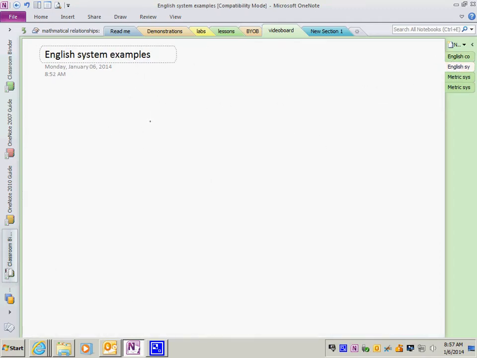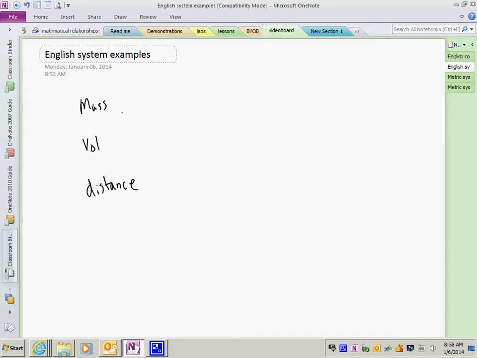Now, let's do just a couple examples. I'm just going to give you some examples of these relationships. We have relationships for mass, relationships for volume, and distance. Of course, these could be gathered online at any point, and there are lots of them.